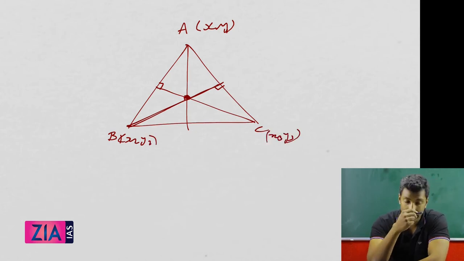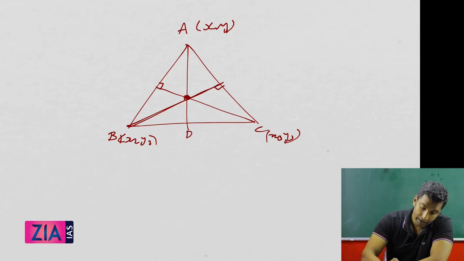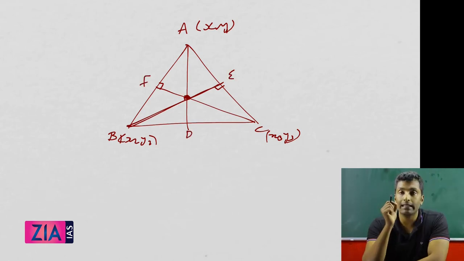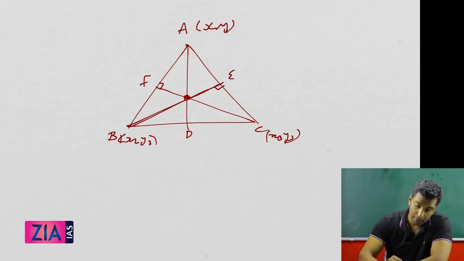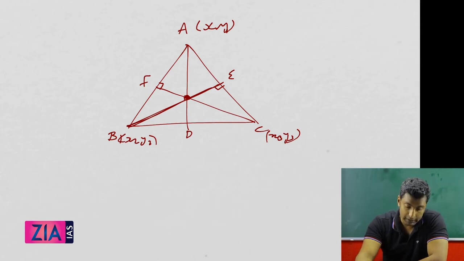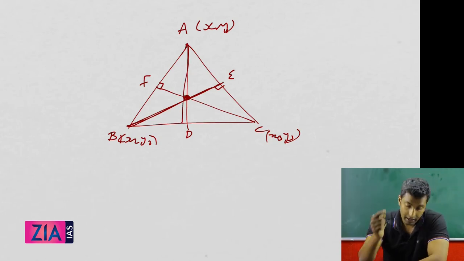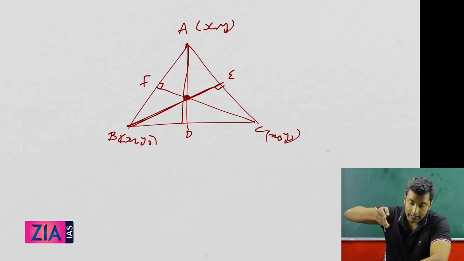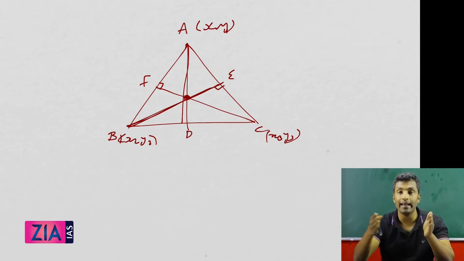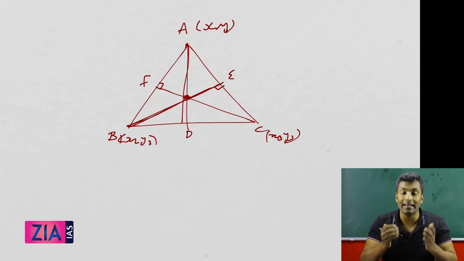You can mark the feet of the altitudes as D, E, F. Now the altitude from B divides the opposite side AC into AE and CE. The altitude AD divides the opposite side BC into BD and DC. What that ratio is, is what we need to see.